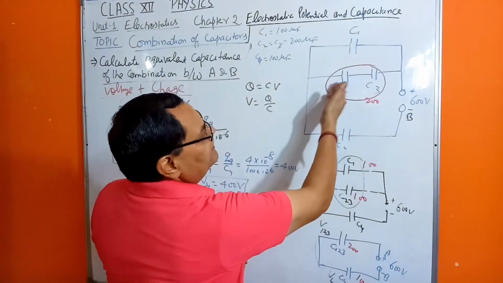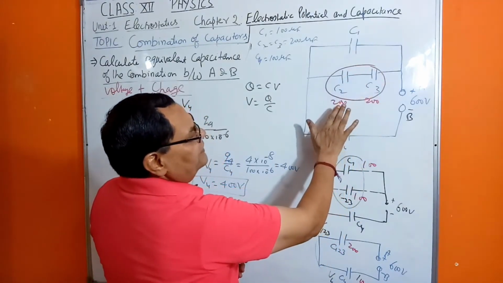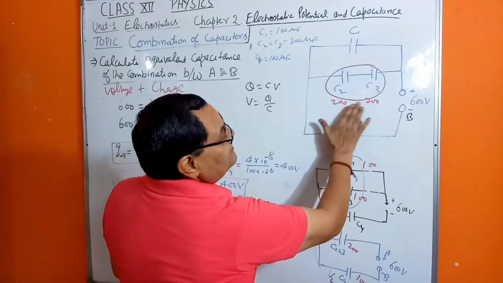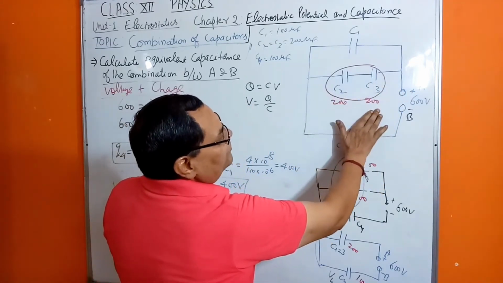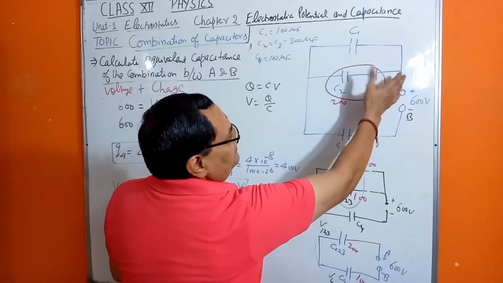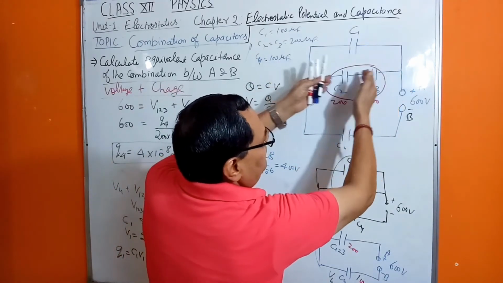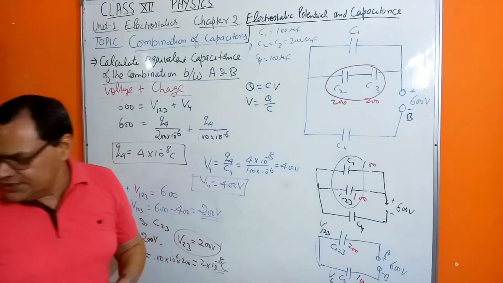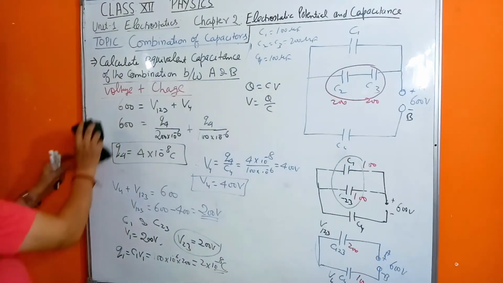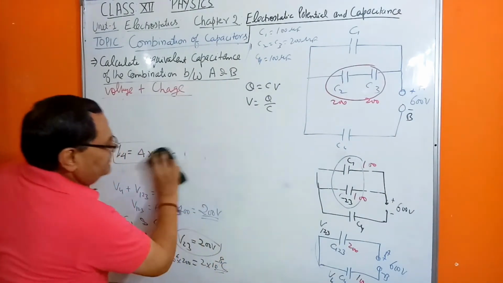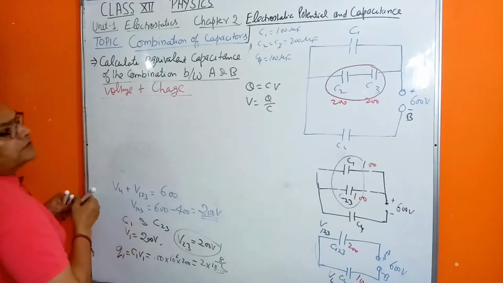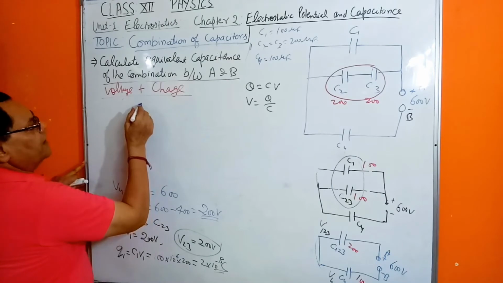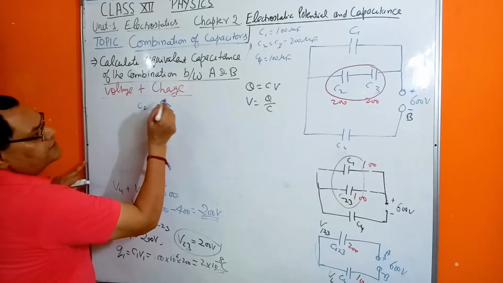Now what is left? After this we are left with these two, and fortunately their capacitances are the same and they are in series. So being equal, the voltage will divide: the total 200 volts will divide as 100 each. Clear? So let's do it like this, because we now have C2 as well as C3.